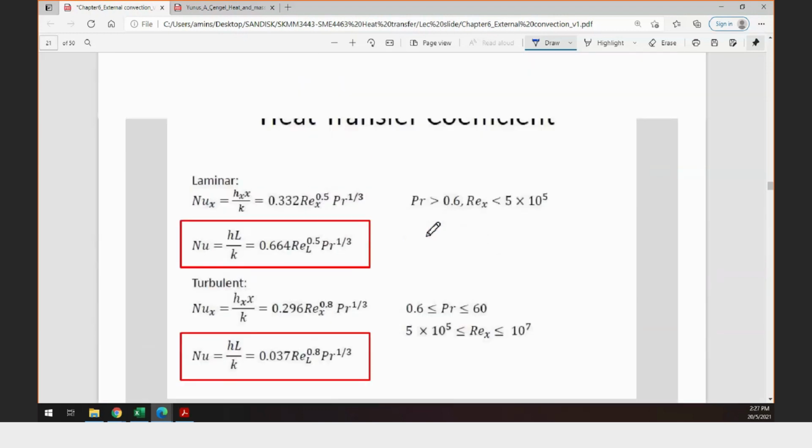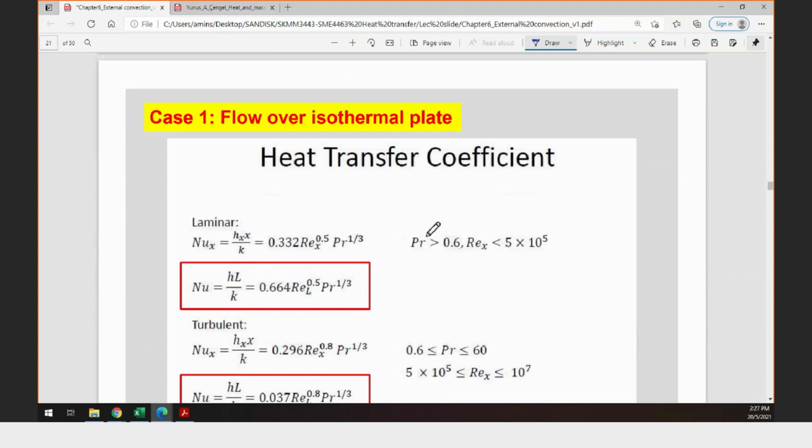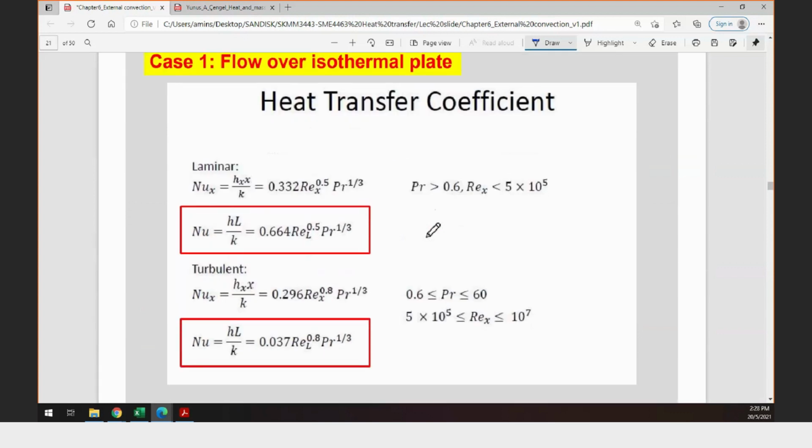Okay, I try to skip. So for heat transfer, like I say, you need to choose the right Nusselt number based on the Reynolds number value and the Prandtl number value. If you recall the steps of calculation, you need to find the flow geometry so that you know the area, and then you need to calculate the film temperature, the average temperature.